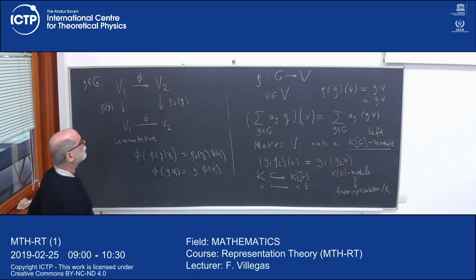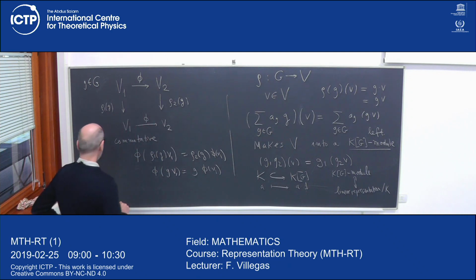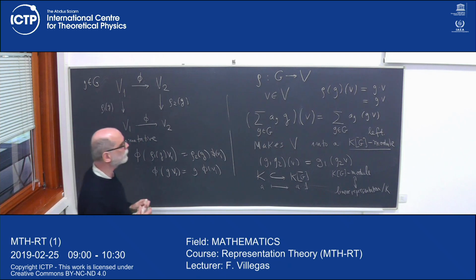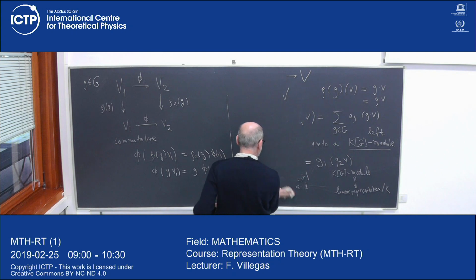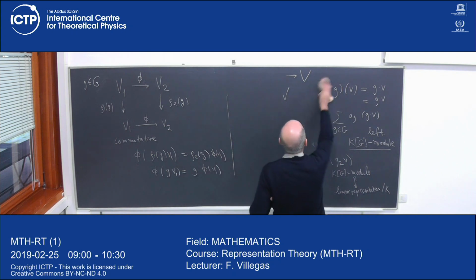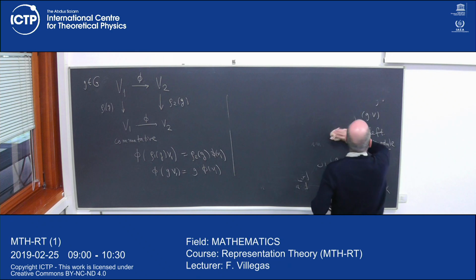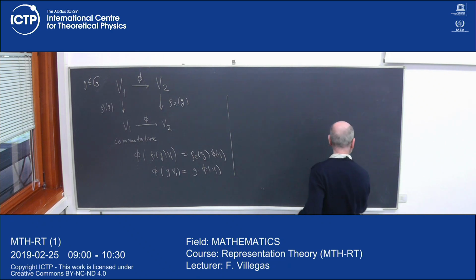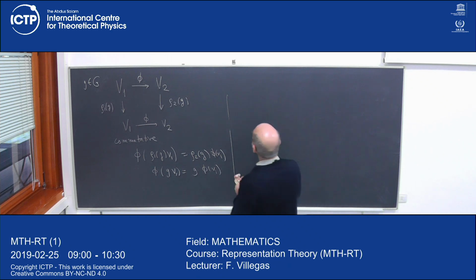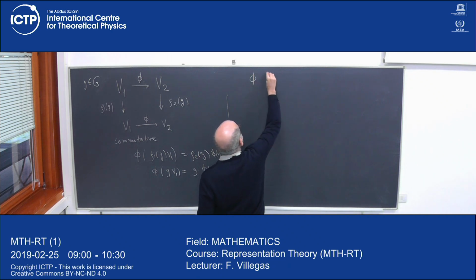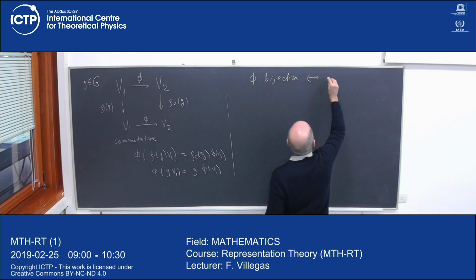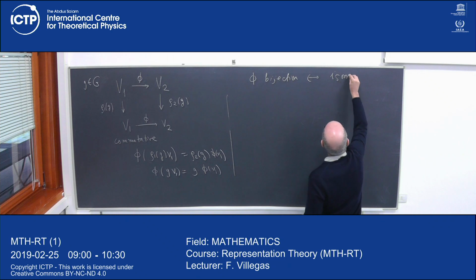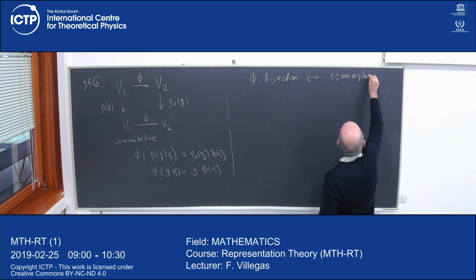Okay, and if phi is a bijection, then, so this is a homomorphism of representations, phi bijection will correspond to isomorphism of representations.